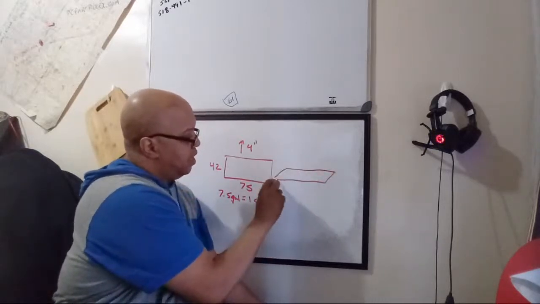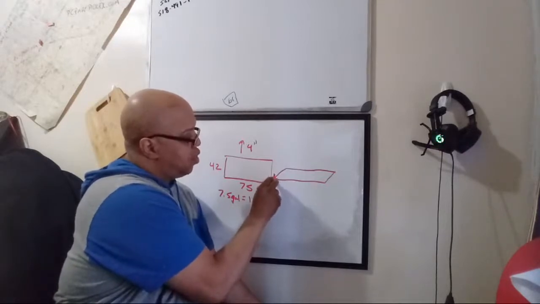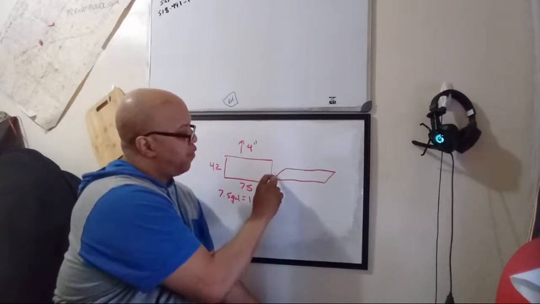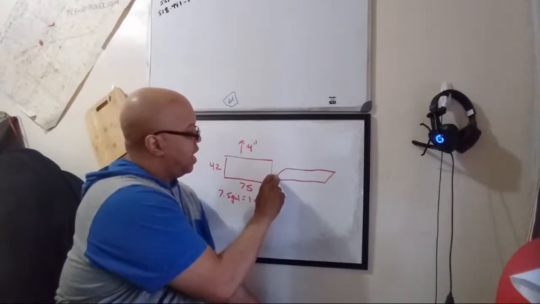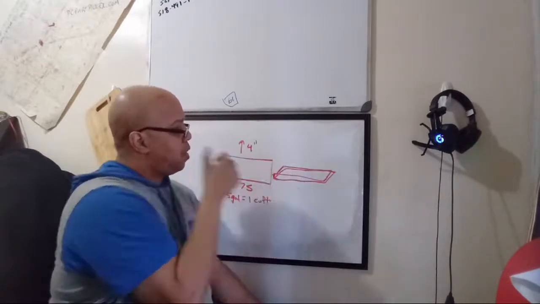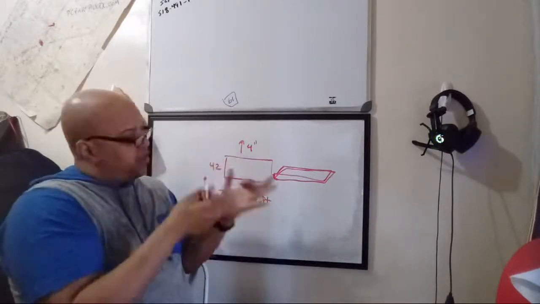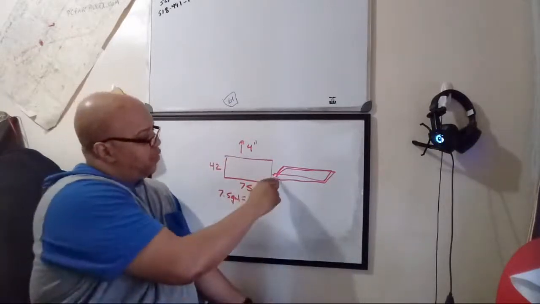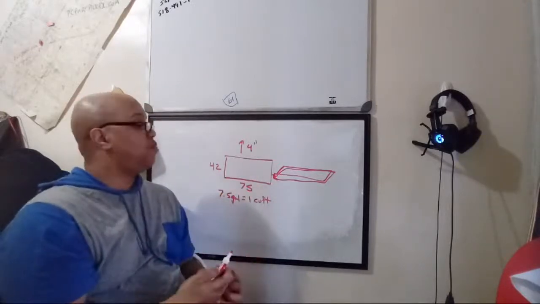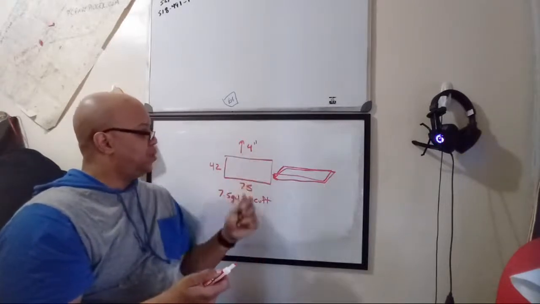That means that we're going to have to raise it. Let's call this the 4-inch mark. So this volume of water is going to be 4 inches by 75 by 42. If you think of it in 3-dimensional terms, 4 inches by 42 by 75. Now, what am I looking for? 4 inches. We got to think about that.